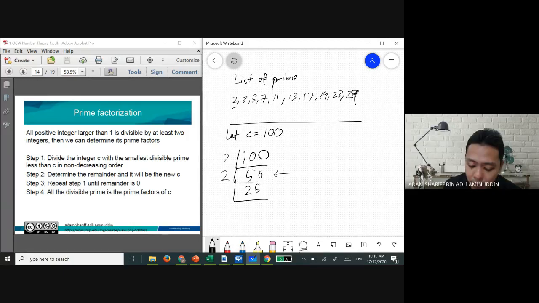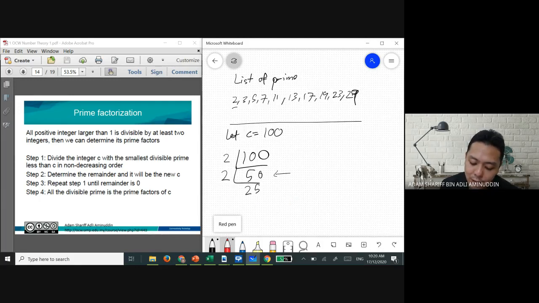No. Cannot. Kalau kamu letak 2, 25 bagi 2 memanglah ada quotient, 12, tapi ada baki. Baki 1. So 25 cannot be divided by 2 without any remainder.